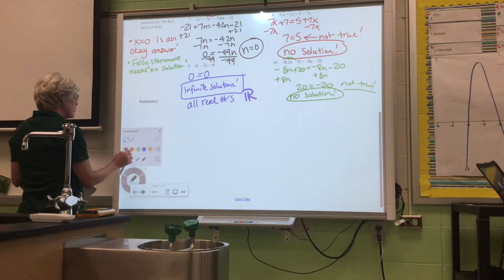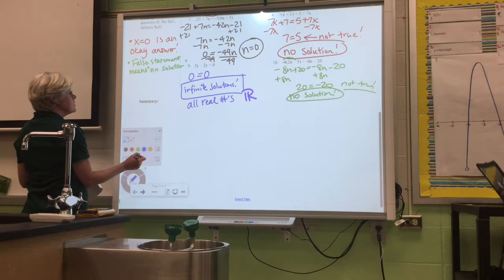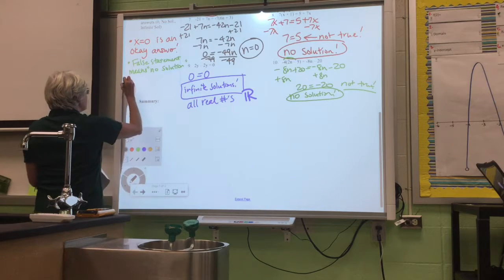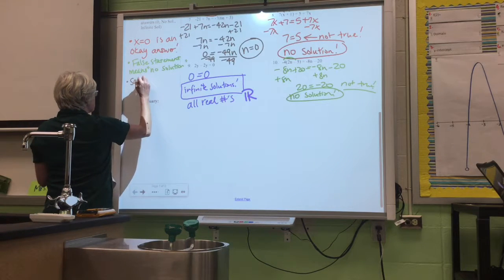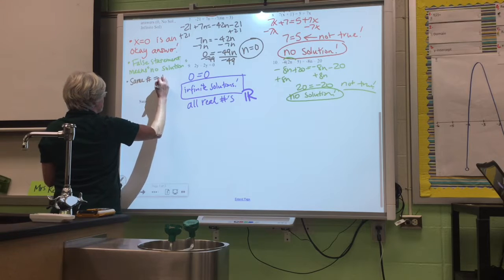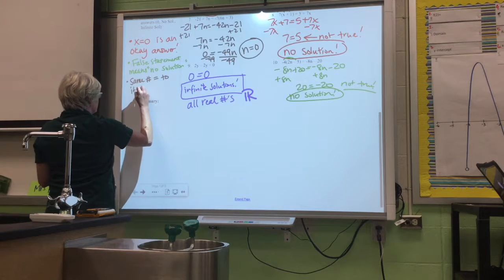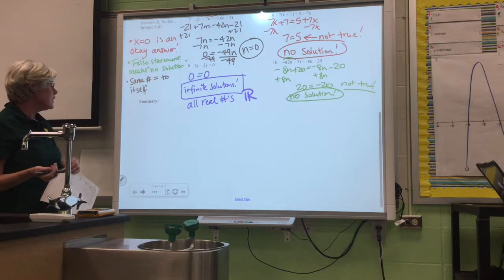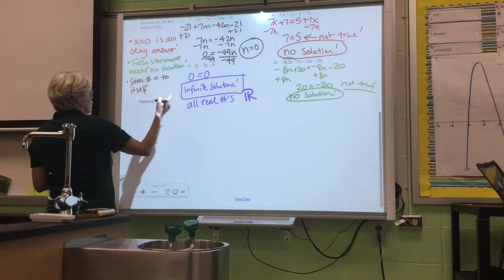And then finally, what we learned in this section is that if you come up with the same number equal to itself, that means infinite solutions or all real numbers.